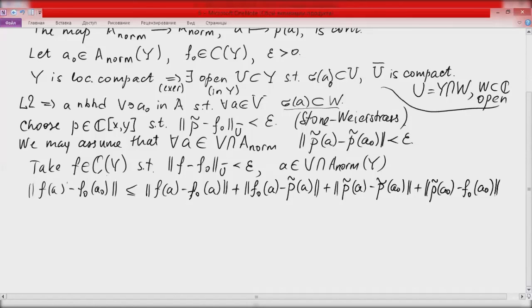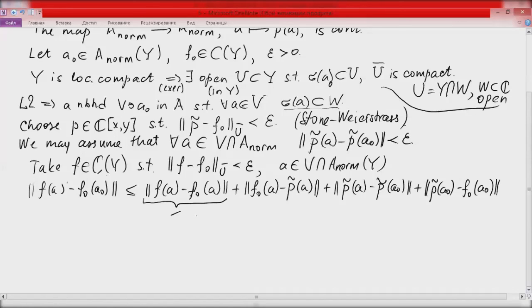And let's now look at each summand separately. Well, the first summand can be evaluated as follows. The spectrum of A is contained in U bar, and f minus f0 is smaller than epsilon over U bar. So by the properties of the functional calculus, this is smaller than epsilon.